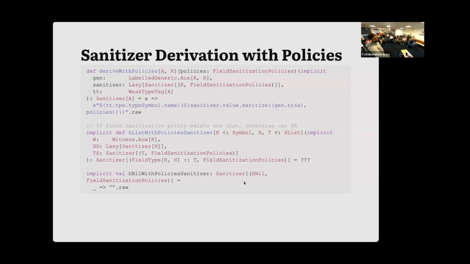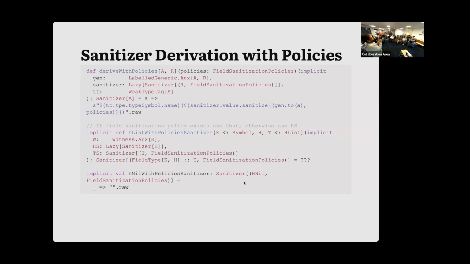So what we do is we create this tuple, up here. We look for a sanitizer where we have the generic representation and the sanitization policy, that map we've created. And we create a tuple out of it, and we look for an implicit sanitizer for this type. And so we've tweaked this derivation method, the one which we were deriving for the heterogeneous list.